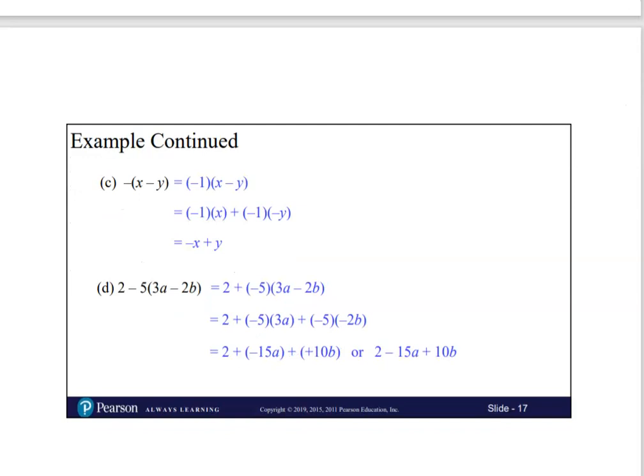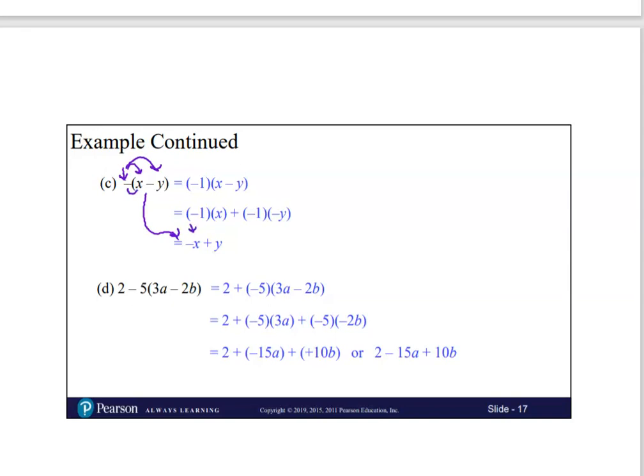So remember that when we just have a negative sign in front of the parentheses, we're simply taking both of these things and making them opposite of what they are. So we could just go straight to here. Opposite of an x, the opposite of x is going to get me negative x. The opposite of negative y is going to get me a positive y.